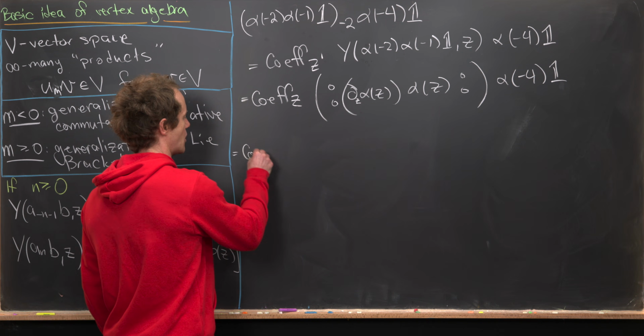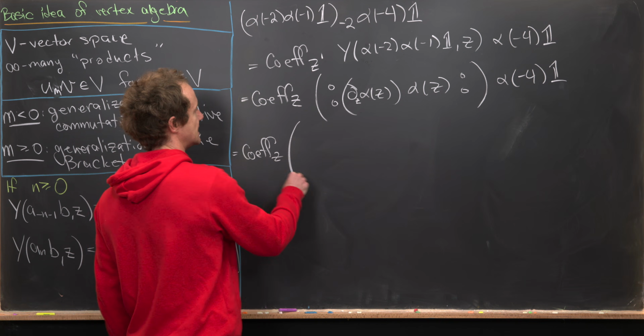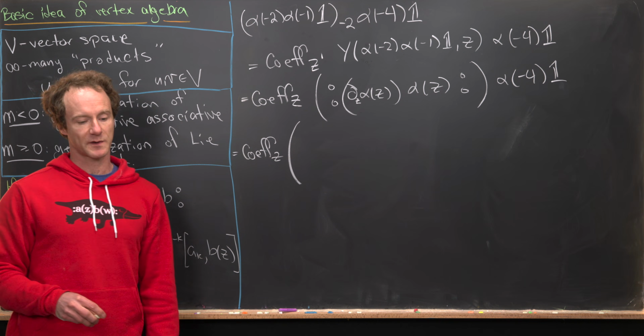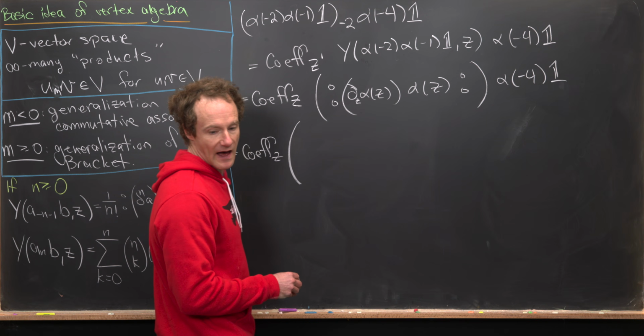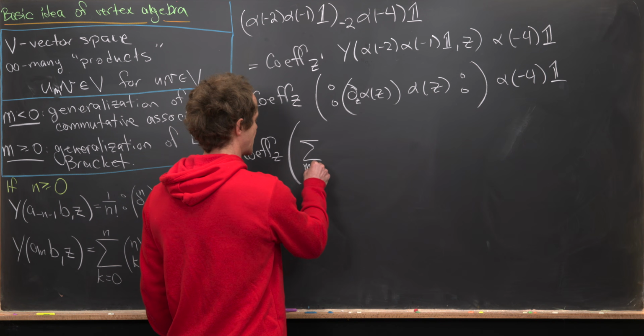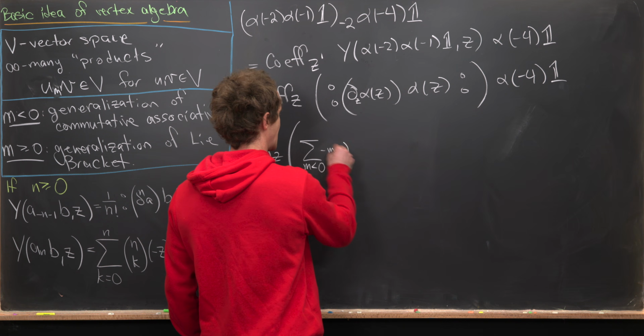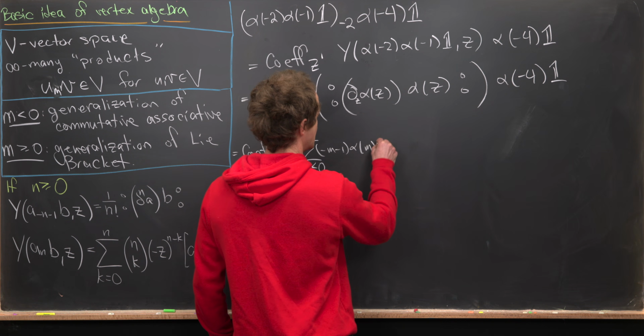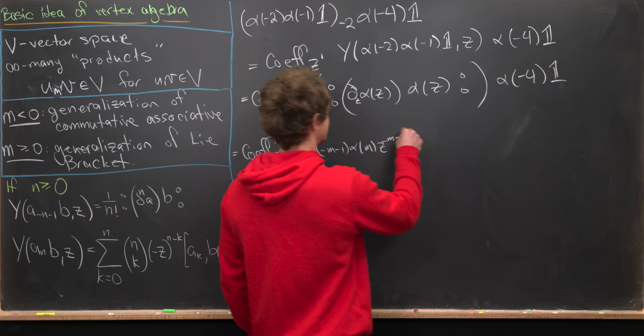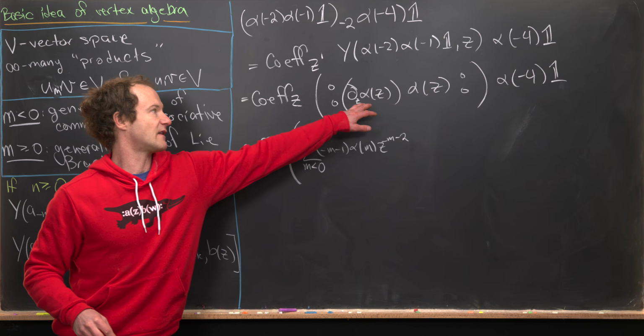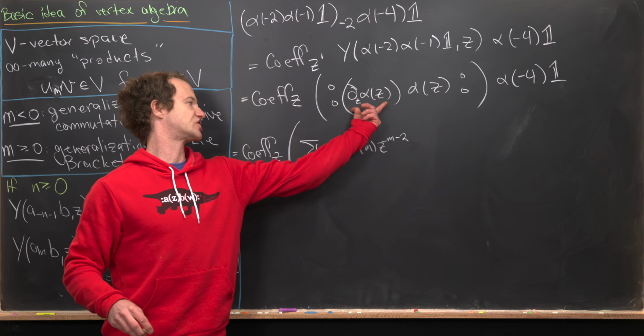So we'll have the coefficient of z, and then expanding out this normally ordered product, we'll have the sum for m less than 0 of minus m minus 1 alpha m z to the minus m minus 2. So that would be like the negative modes attached to this derivative.